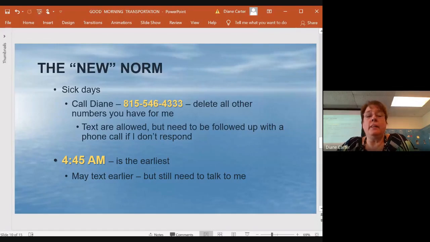Send me a text, and then make sure you call after 4:45 and talk to me. I do check my texts in the morning, and I will call back if you text that you're not feeling good, because if you're afraid that once you fall asleep you won't be up at the right time, I don't have a problem with that.